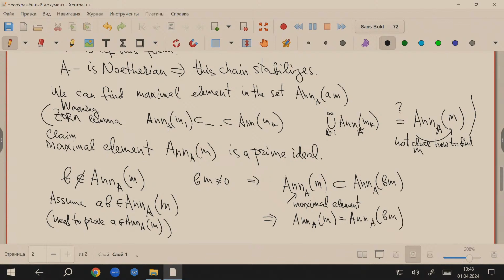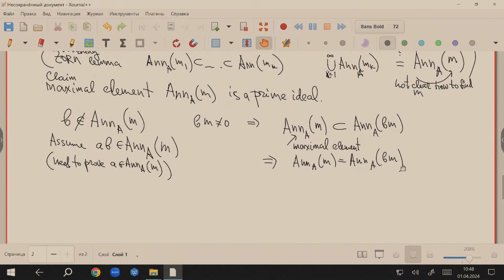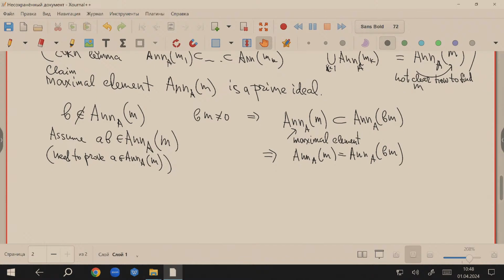And also notice that AB is in the annihilator of M. So this implies that A times Bm is equal to 0, and this implies that A belongs to the annihilator of Bm.